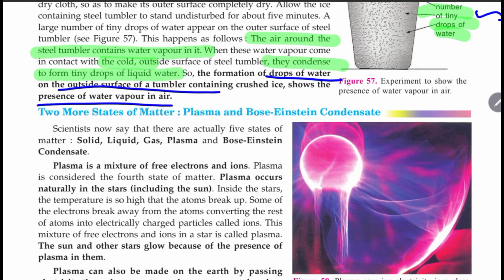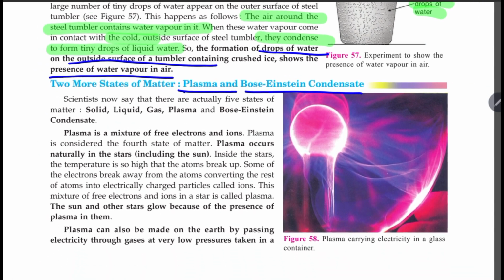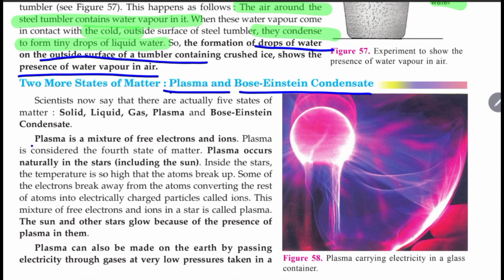The two more states of matter, I will say, are in my first part of the content. If you follow the playlist, you will see the first part contains plasma and the Bose-Einstein condensate. Okay, so apart from the solid, liquid and the gas, the plasma is a mixture of free electrons and ions, and it occurs naturally in the stars, including the sun.